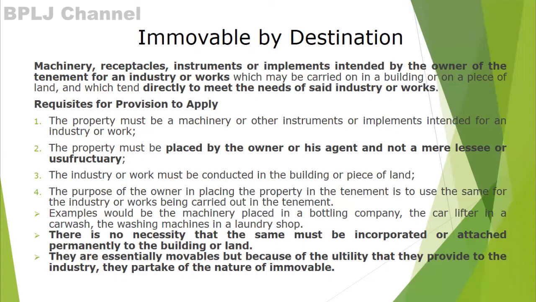Okay, the industry or work must be conducted in the building or piece of land, and the purpose of the owner is to use the same to directly meet the needs of the said industry or work. An example would be a machinery which is placed by a bottling company, or the car lifter in a car wash, for example, or the washing machines in a laundry shop.